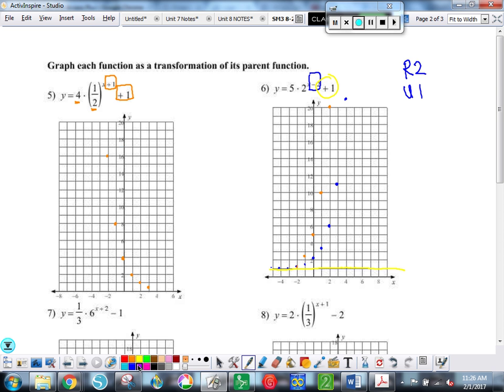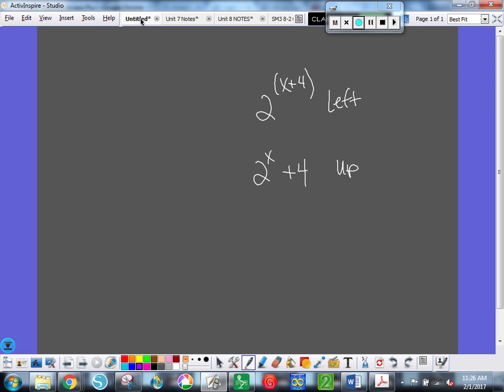Now, the same transformations happen as happen with our parabolas and cubes and square roots. So if it's with the x, and there's a +4, that means I'm going to be going left 4. And if it's outside of the x, just off to the end, it means I'm going up 4. Is that okay?